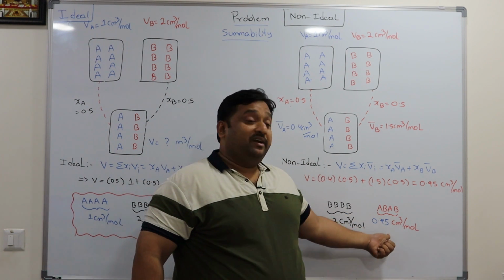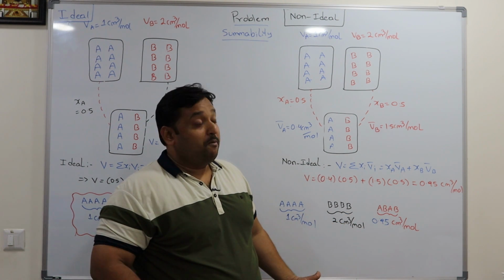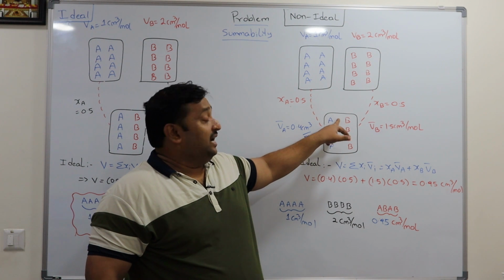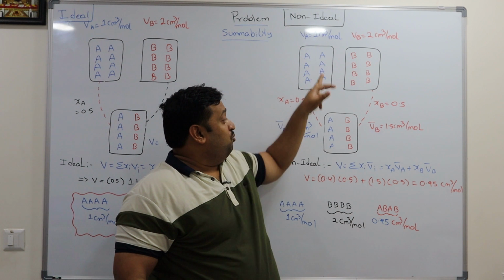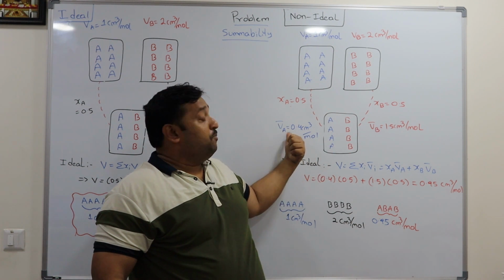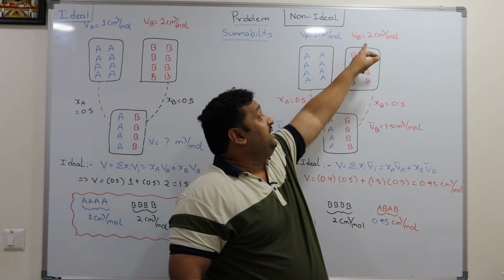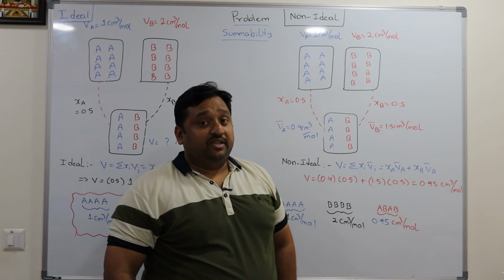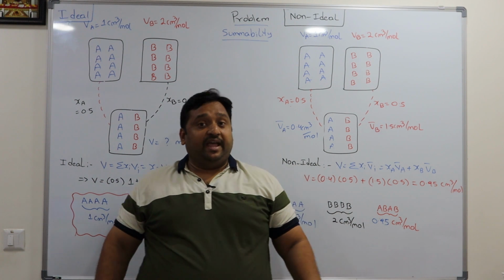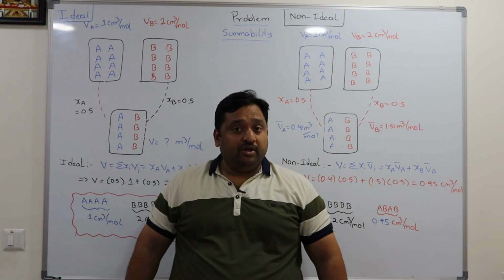Here the mixture property will not lie between the two pure properties, because the nature of A is changed: earlier it is 1, once it comes to the mixture, it became 0.4. B is 2, once it comes to the mixture, it became 1.5. So this is how the molar volumes of A and B are affected.